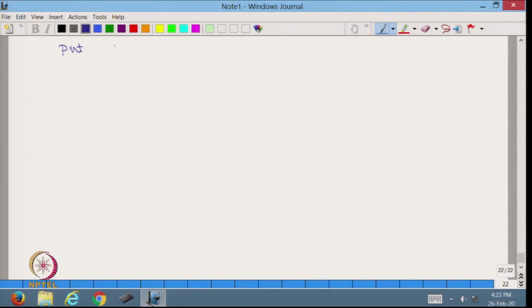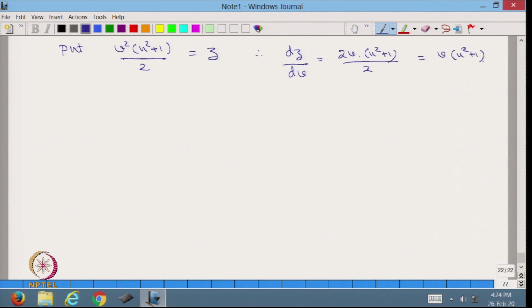Put v square into u square plus 1 by 2 is equal to z. Therefore, dz by dv is equal to 2v into u square plus 1 upon 2, which is equal to v into u square plus 1. Therefore, dz is equal to v into u square plus 1 into dv.